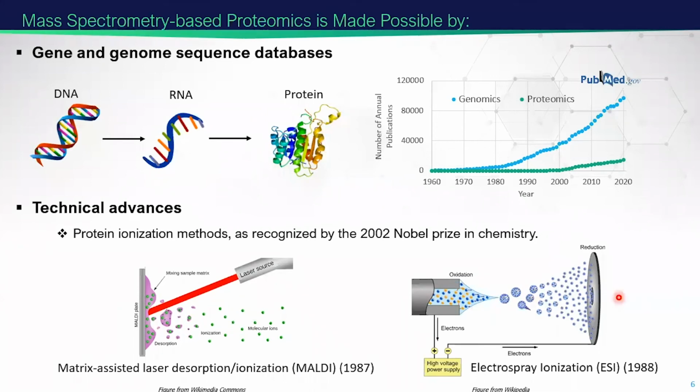Basically the matrix absorbs the high energy from the laser and makes charged particles. The charged particles contain peptides or proteins with lots of charges. As the charged particle gets smaller and the matrix evaporates, in the end you are left with only the charged proteins or peptides, which you can send into the mass spectrometer.